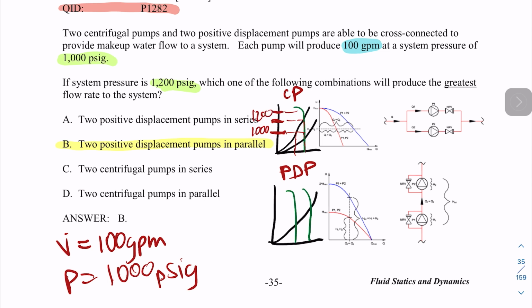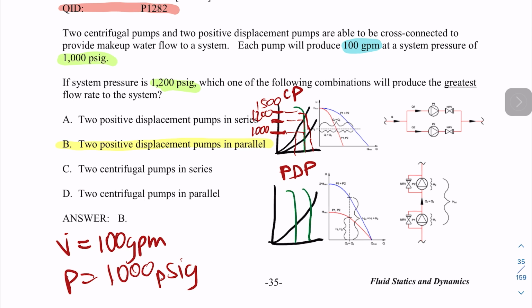We can operate at an even greater head than that. We can say 1500, and we're going to have a higher flow. That's important to know for the PDPs. So we can see that in this one, if we vary the head, we can vary the flow, and it's going to vary inversely with the discharge pressure.